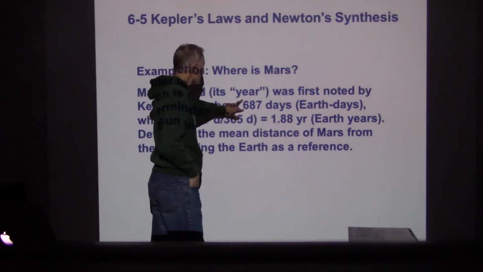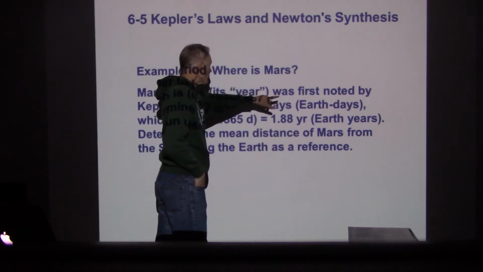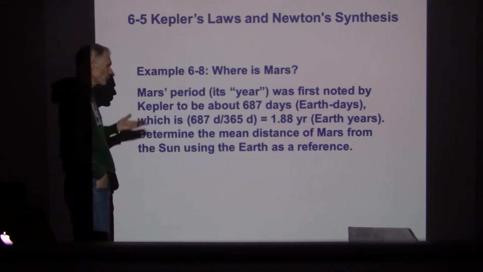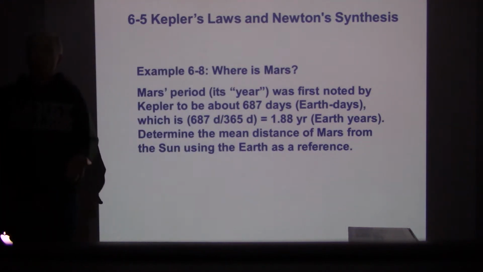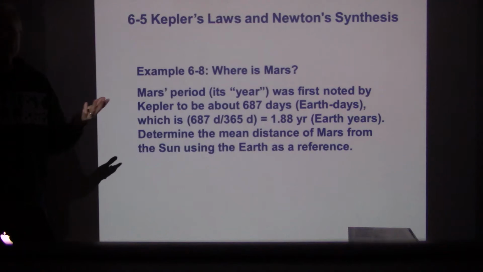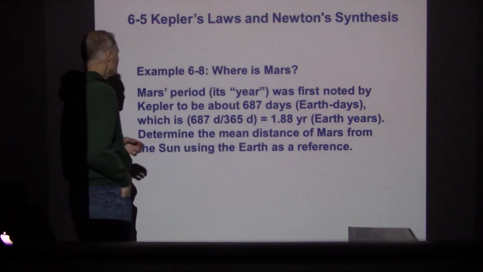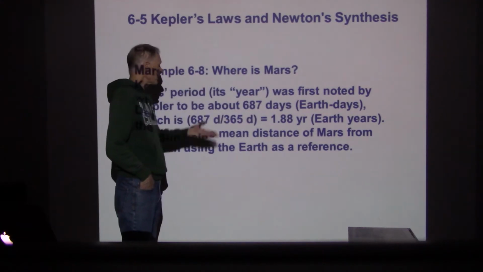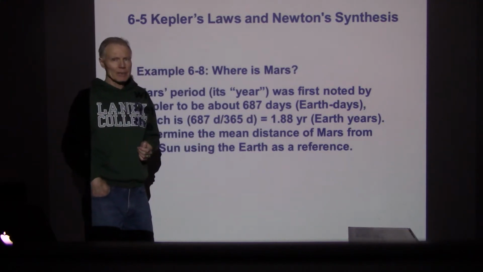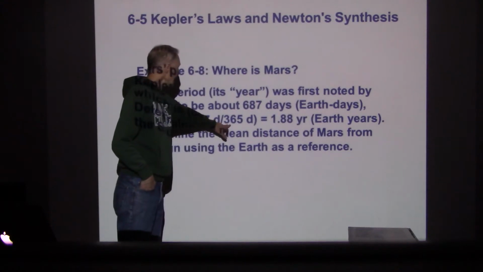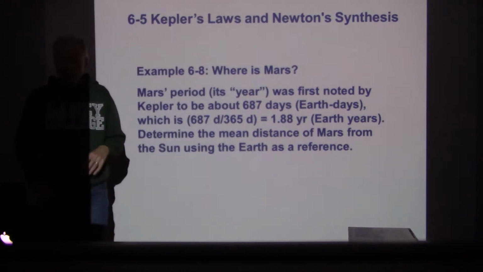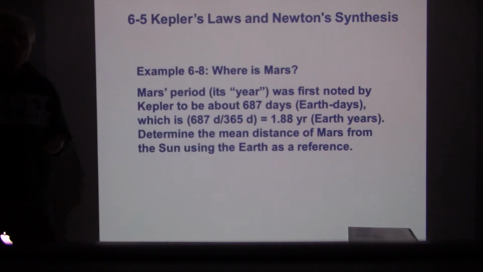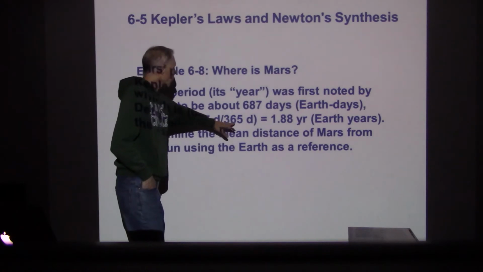And so about 687 Earth days compared with Earth's orbit, which is 365.25. You guys all know about leap year, right? We have to add an extra day every 4 years, roughly, to correct for the extra length of Earth's orbital period.